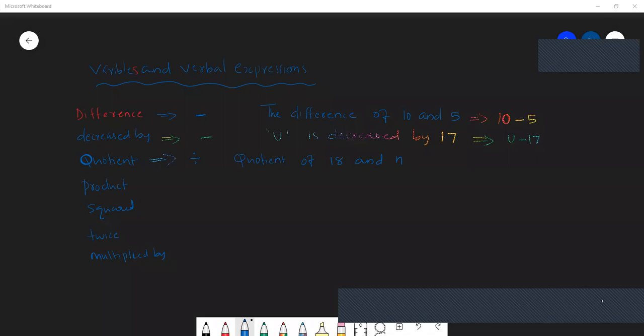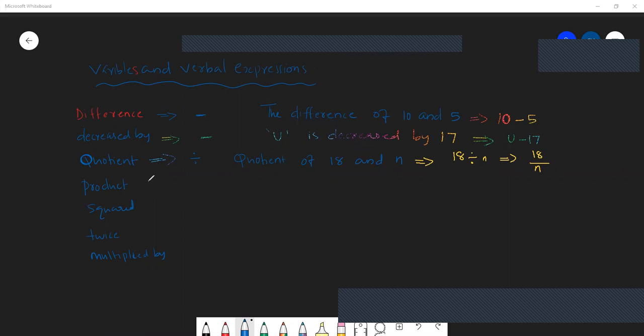How can we write this? The quotient of 18 and n is 18 divided by n, or you can write it in fraction format. This is another format only. The same answer: 18 divided by n.